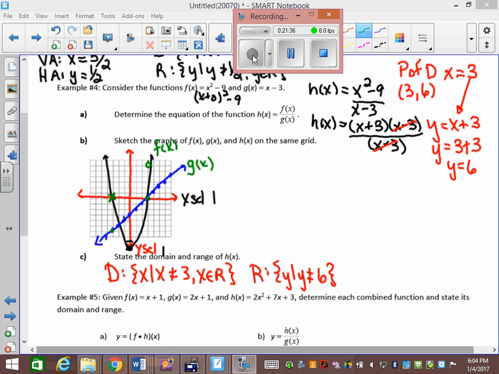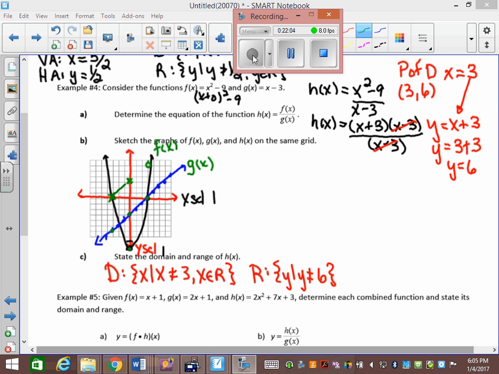All right? Then I'm going to go to this negative 9 and this one here, so where x is 0. And I have to do f divided by g. So f is negative 9 divided by g, which is negative 3. Negative 9 divided by negative 3 is positive 3. So now it's going to be at 0 and 3, right? And so on.